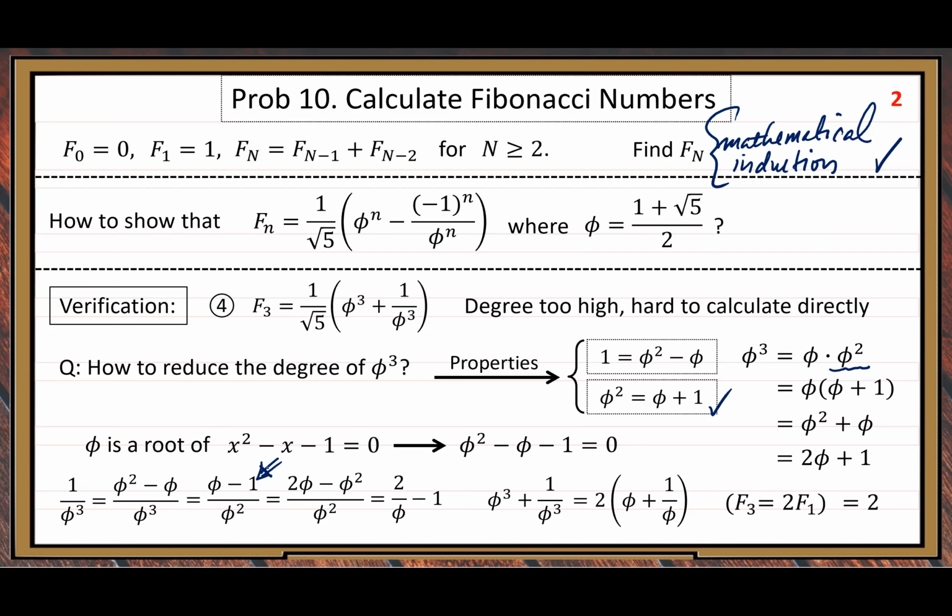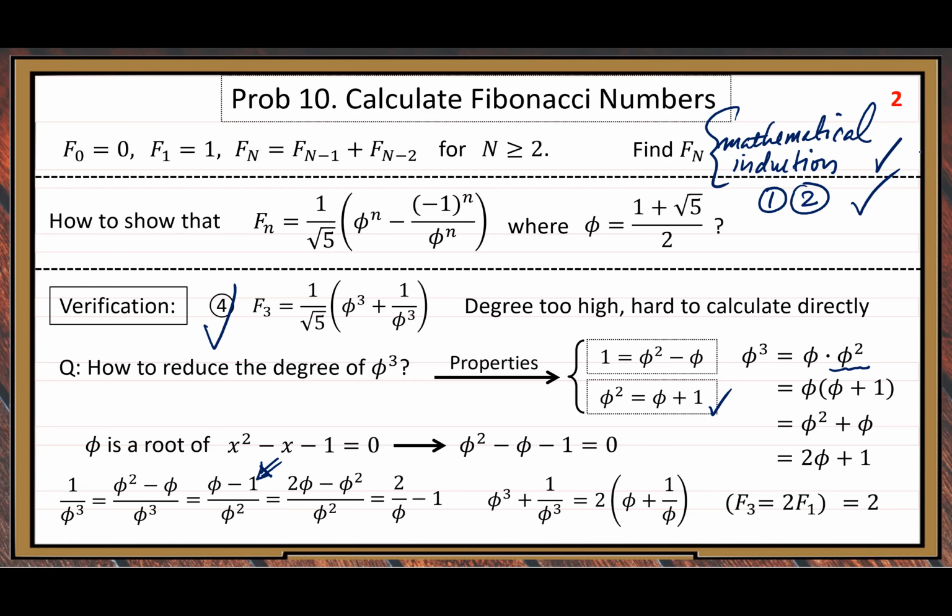So here is the reason. When we apply mathematical induction, we do not have to verify case 4. For mathematical induction, we only need to do the first 2 cases, case 1 and case 2. That's enough. The reason I did 2 extra cases, case 3 and case 4, is I like to show you some computation techniques.